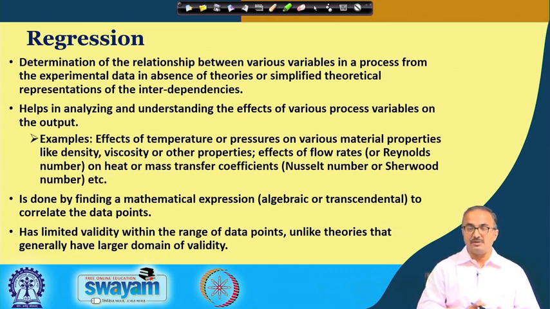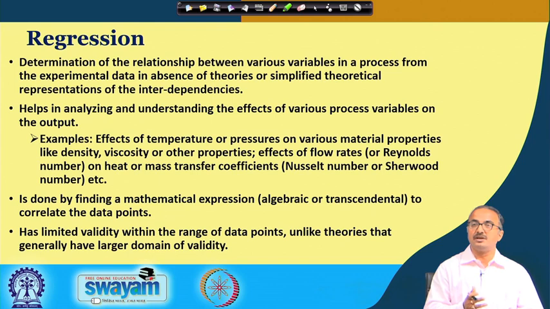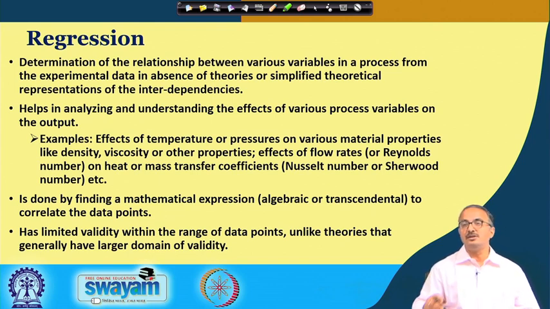If there are linear expressions, then perhaps we can extrapolate to some extent, but if we find highly nonlinear behavior of the two variables, then we should be careful not to use this regression expression outside the domain of our determination.